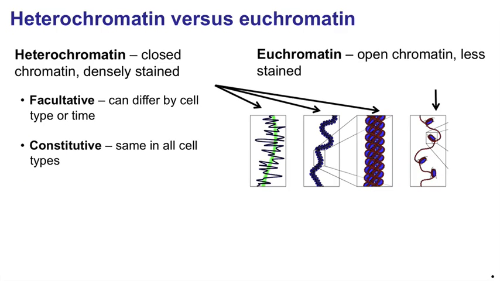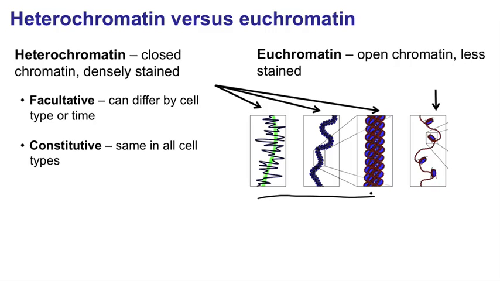Now, in this lecture, we're going to think about open chromatin, like the beads on the string that's shown on the right, versus closed chromatin, and these various different forms that are shown on the left. We have different names for open chromatin and closed chromatin, and these names came about because of when DNA was first being looked at in the nucleus and when they were staining with particular dyes.